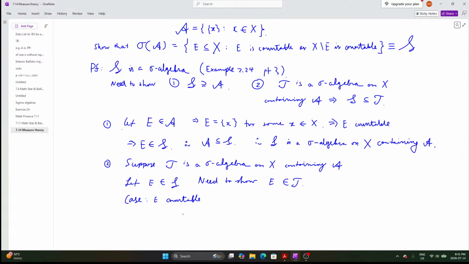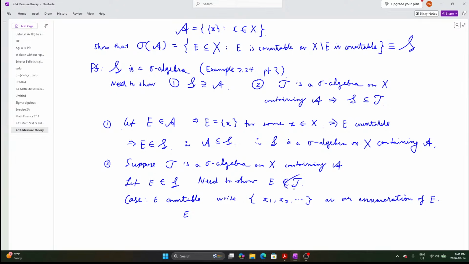Can we write E as a list? Say x1, x2, and so on as an enumeration of E.